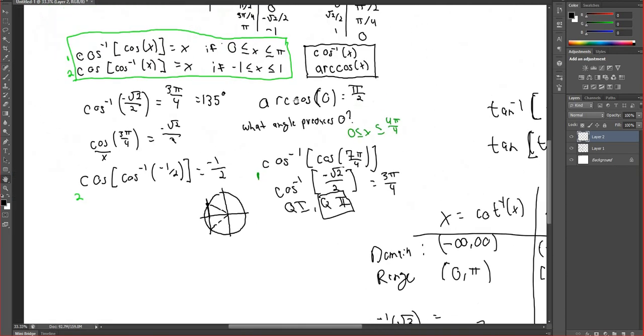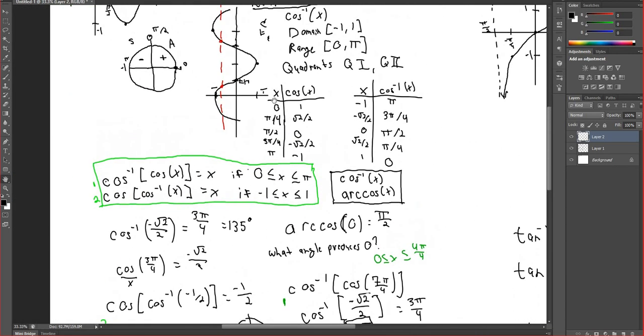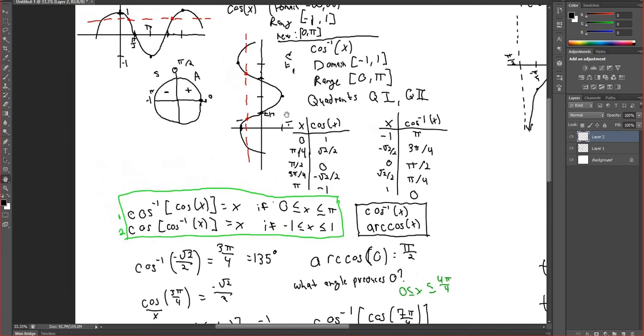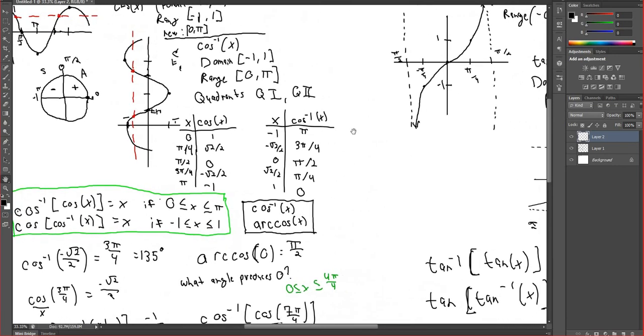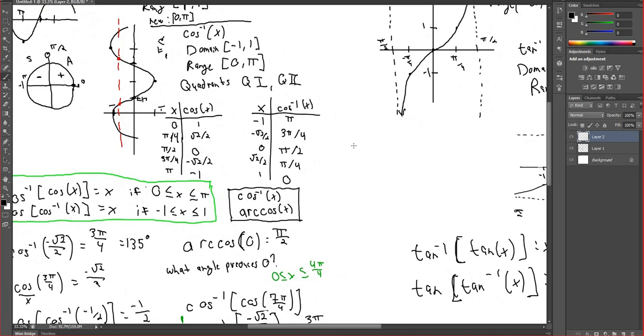I forgot earlier to mirror this graph. So the actual graph for cosine inverse, I'm going to use this table to make it. At negative 1, I'm at pi. So I'm going to say this is negative 1, pi. It's good enough. At negative root 2 over 2, I'm at 3 pi over 4.